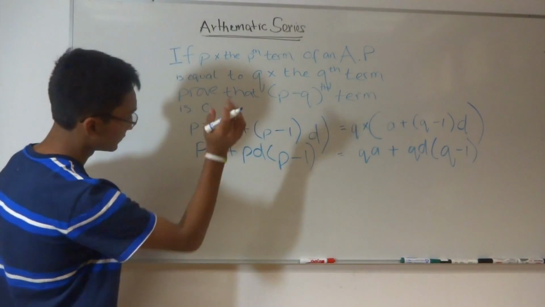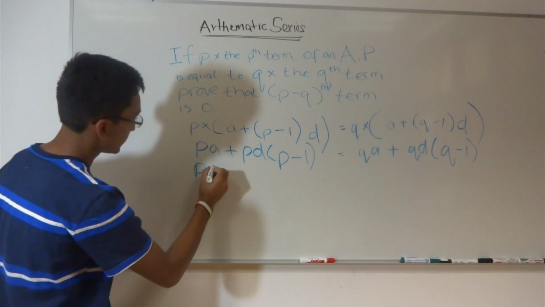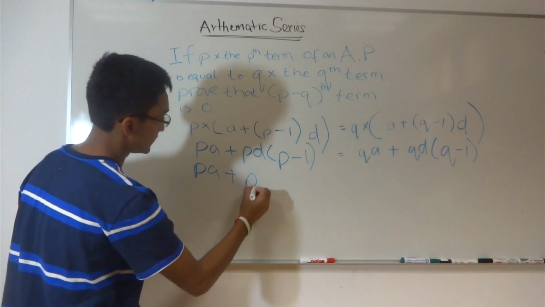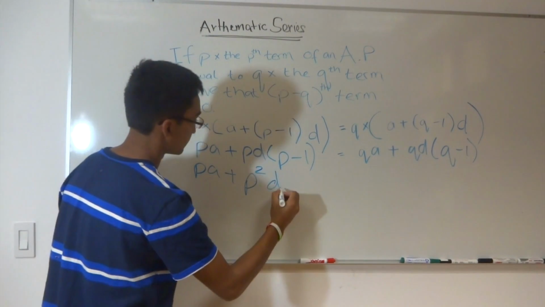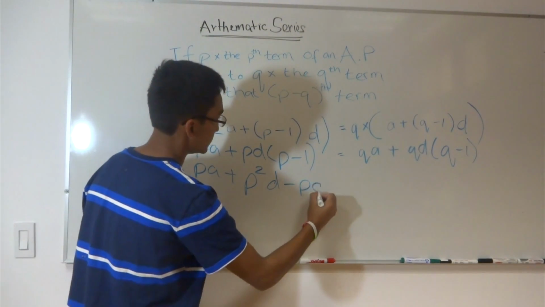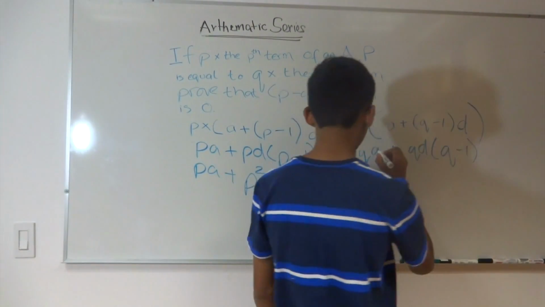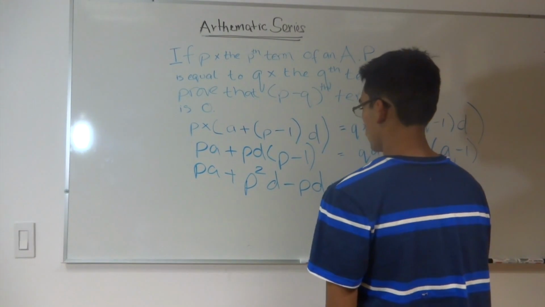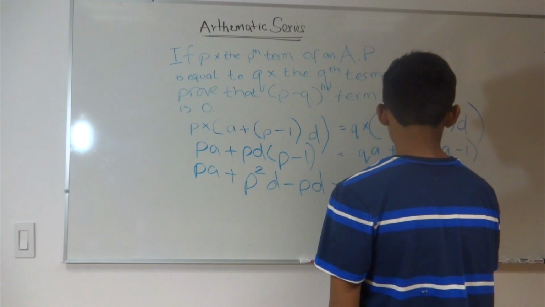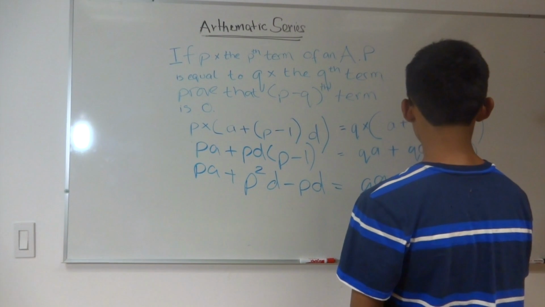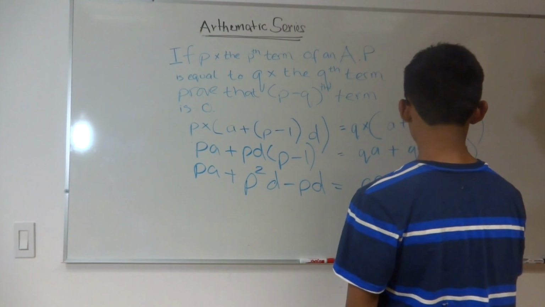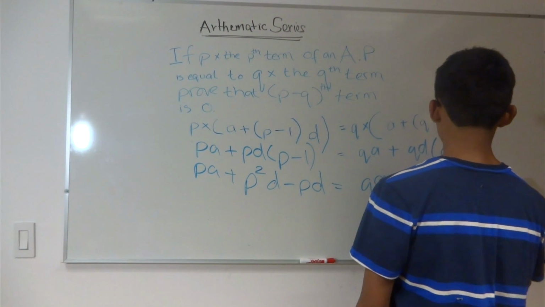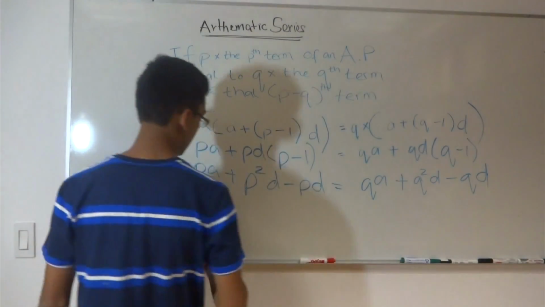Now expand this more, so it'd be pa plus p squared d minus pd equal to qa plus q squared d minus qd.